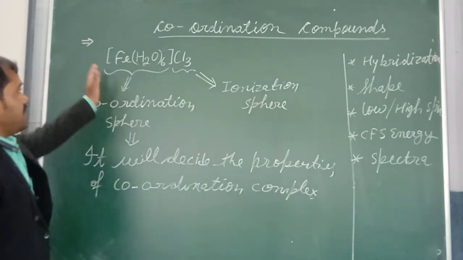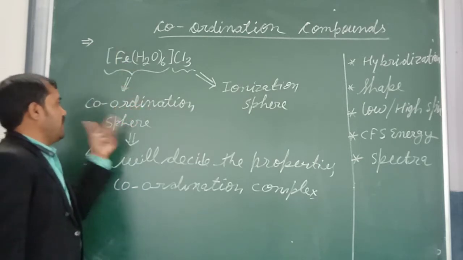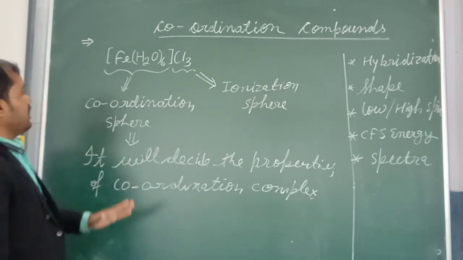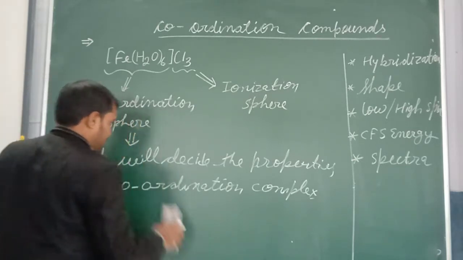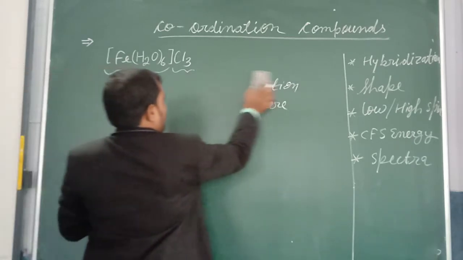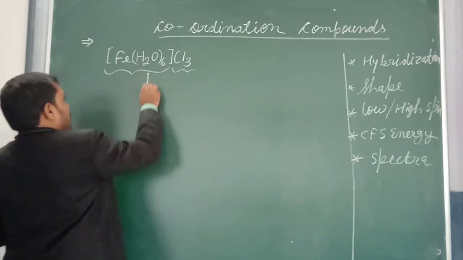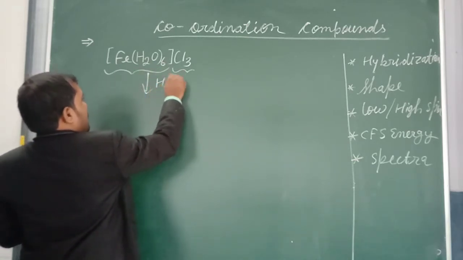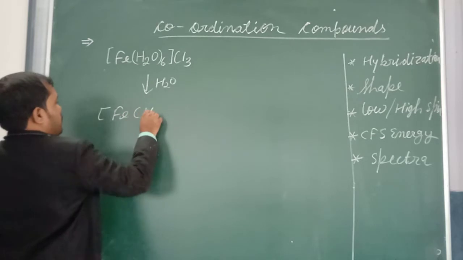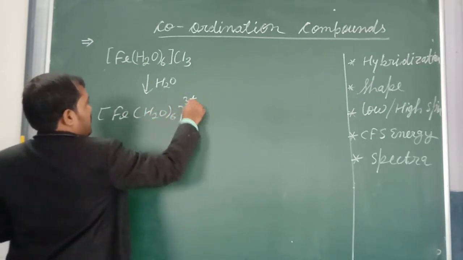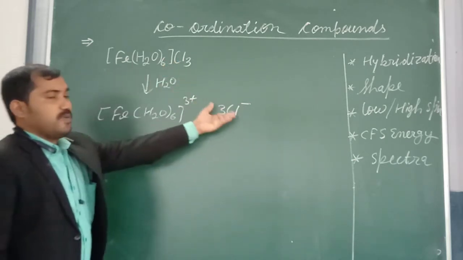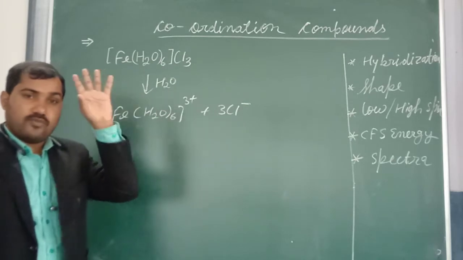The property of a coordination compound is decided only by the coordination sphere. Is it clear, my dear? Now we will see this coordination sphere only. According to Werner's second postulate, when it dissolves in water, it will ionize and convert into [Fe(H2O)6]3+ and 3 Cl-. So this is the ionization sphere ionizing. This is the second postulate of the Werner theory.